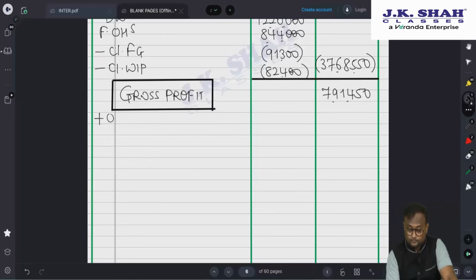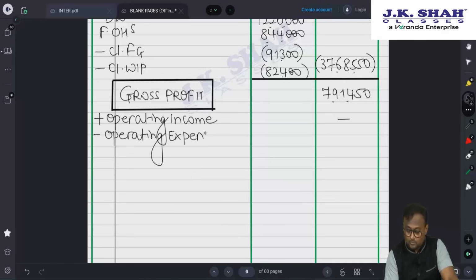Then to this we add operating income, sale of scrap or something like that, but we don't have such income here. Then we have operating expenses. In the form of operating expenses, we have admin expenses and selling and distribution expenses.